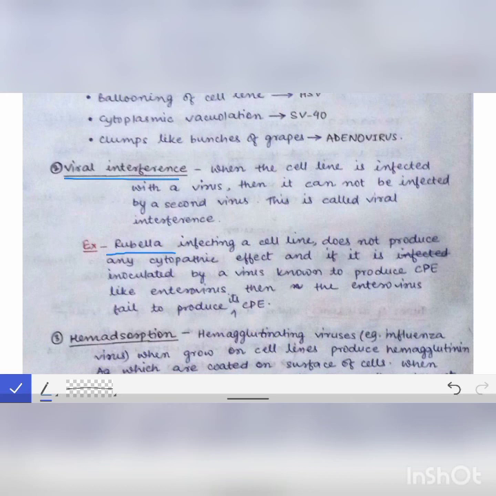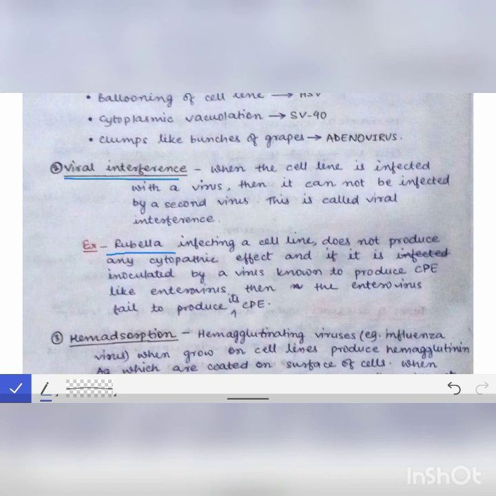So we will inoculate a virus which is known to produce a cytopathic effect. If the cytopathic effect of that inoculated virus does not appear, then we can safely say that some kind of virus has already grown there. That is why the second virus, which is known to produce the cytopathic effect, is unable to grow.